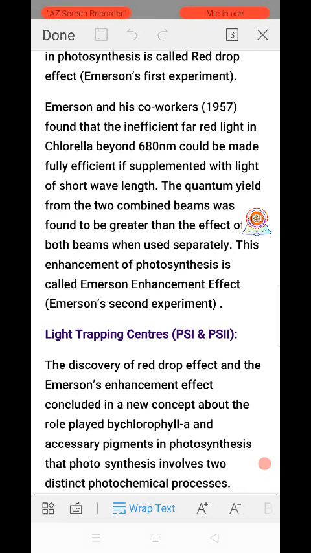And in the second experiment, they found that when shorter wavelength light was combined with far red light above 680, there is an enhancement of quantum yield, that is, enhancement of photosynthesis. The first effect is known as the Emerson red drop effect, and the second effect is known as the Emerson enhancement effect.